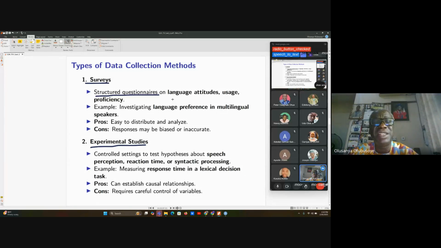In the experimental studies, as I said earlier, you have a control setting, which might be that you put them in a room and you monitor their speech perception, the reaction time, or syntactic processing and all of that. So the participants are controlled.